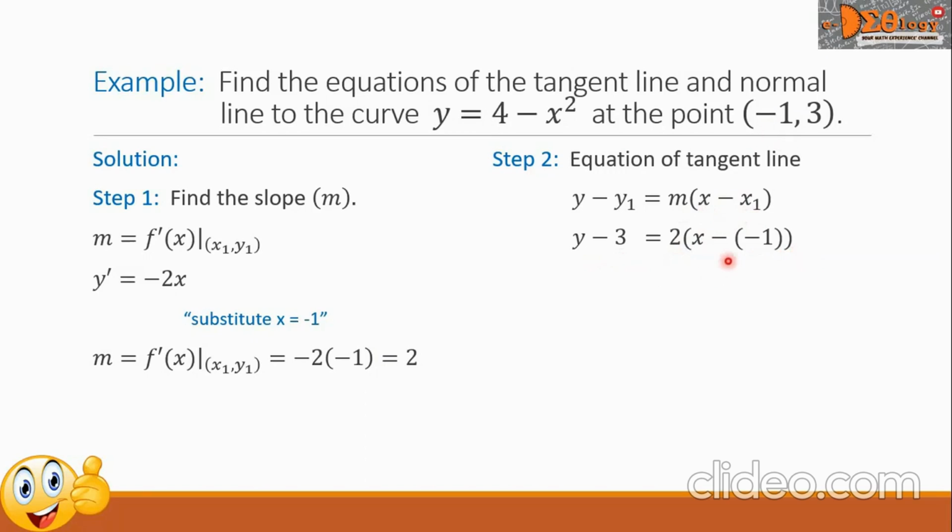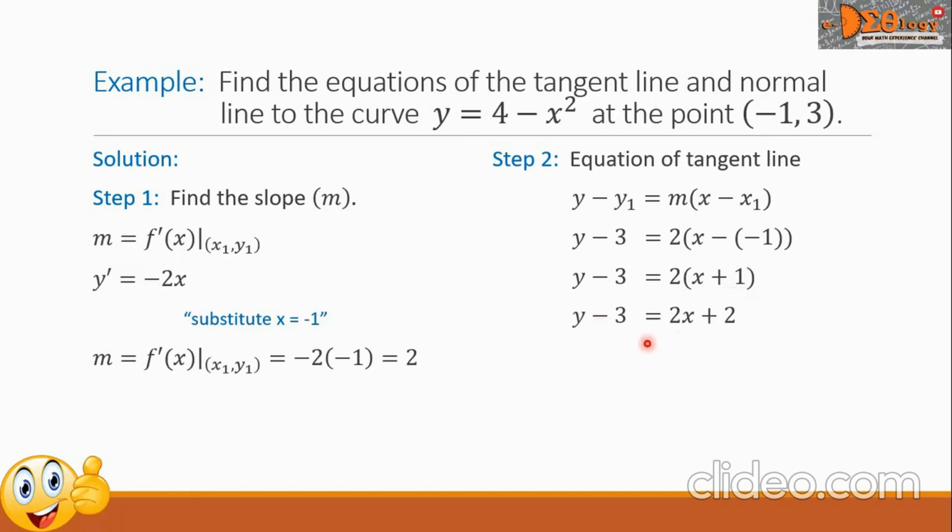Simplifying the right side, the negative times negative becomes positive. So we have positive 1 here. Simplifying again the right side, we multiply the number 2 to the x and to the 1 respectively. So we have now 2x plus 2 in the right side.